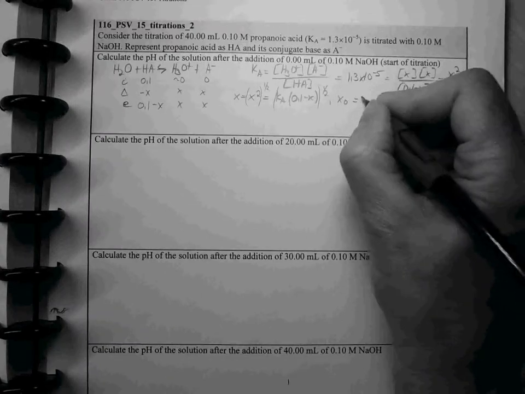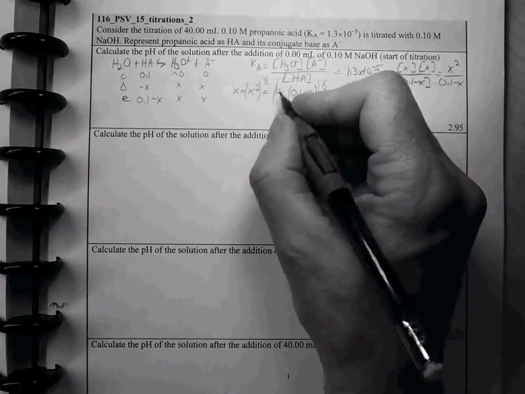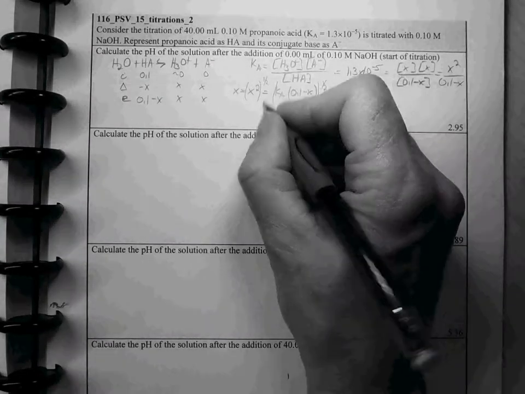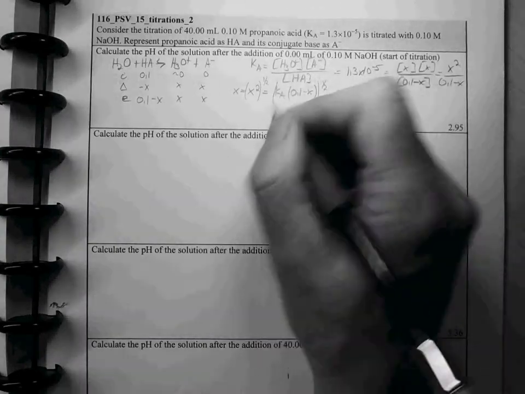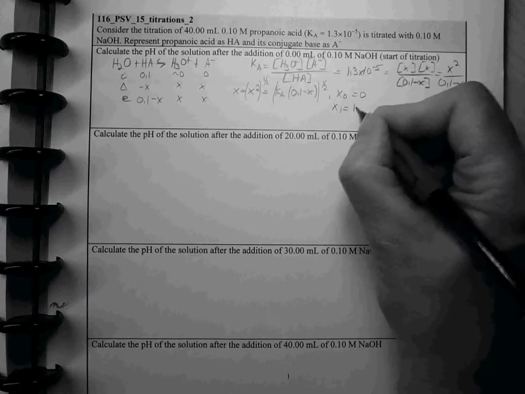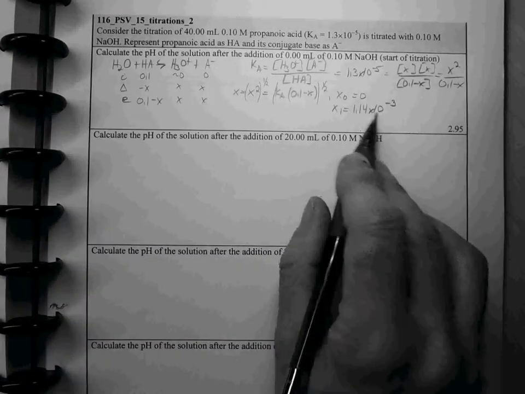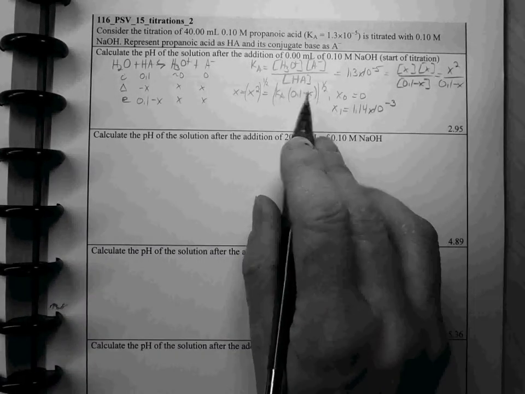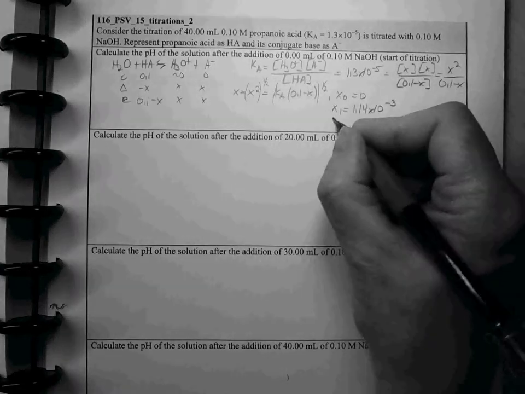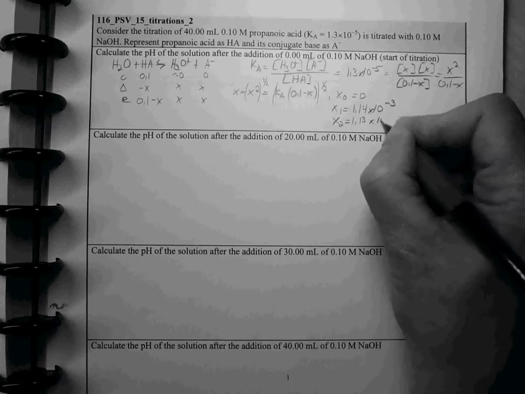Start with the first approximation of x sub 0 equaling 0. And we put in 0 for this x, multiply it by Ka, take the square root, and we find that x sub 1 is going to be equal to 1.14 times 10 to the minus 3. Then we take this value of x, plug it into the equation here, calculate a new value to see if there is any difference, and there is not, at least not within sig figs.